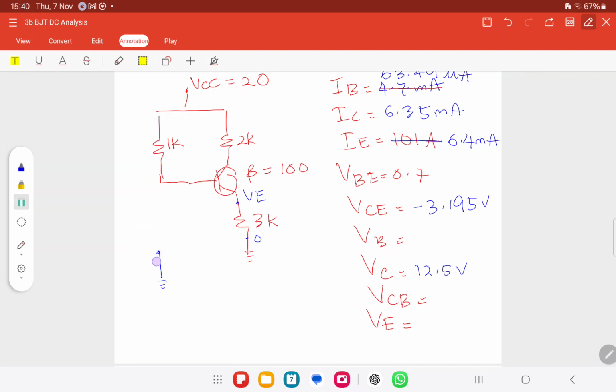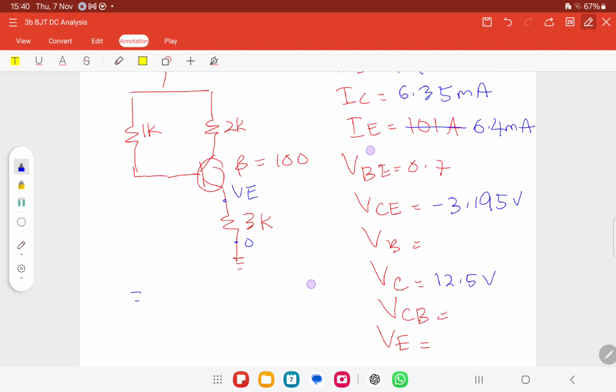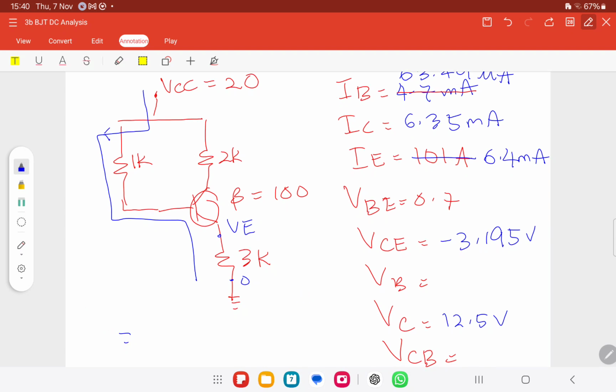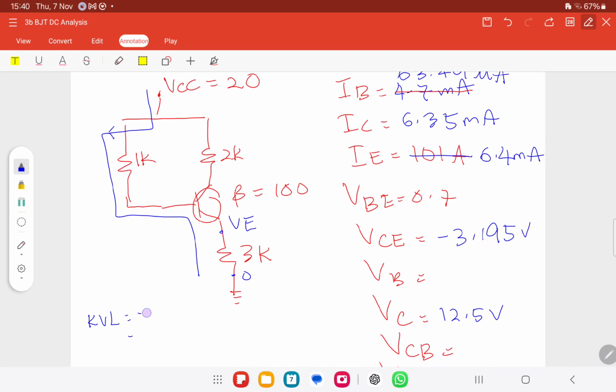Okey. Saya terpaksa tulis dengan sekecil-kecilnya. Okey. KVL sini. KVL dia. Okay, please check KVL. Minus 20 plus 1K IB plus VBE plus 3K IE equals to 0.